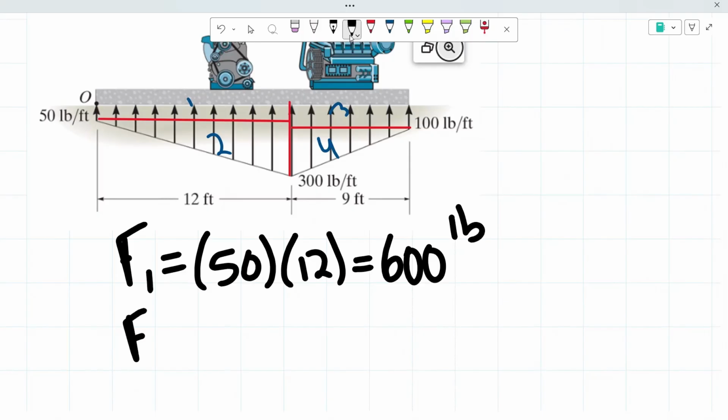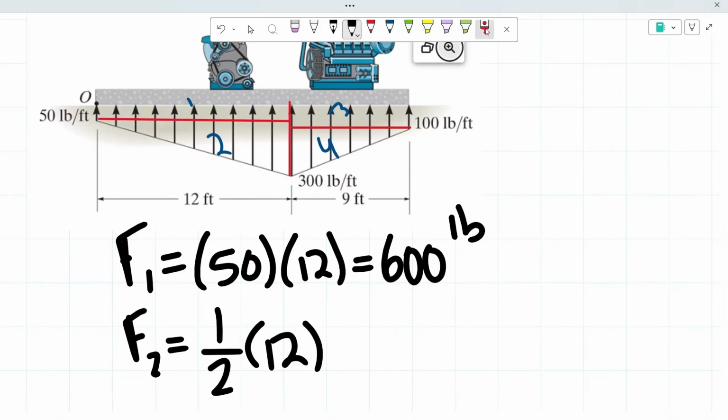Now for shape number 2, we know that it's a right triangle, which is why we're going to be using the formula one-half base times height. So here, we know that it has a span of 12 feet.